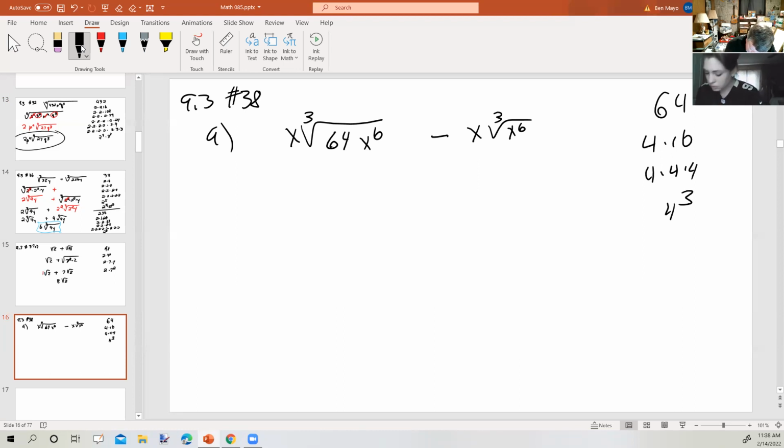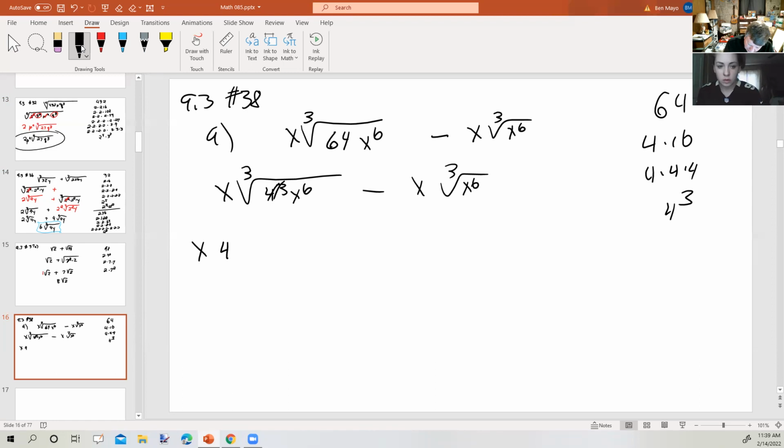So I could rewrite this as x cube root of 4 cubed x to the 6th minus x cube root of x to the 6th. Simplifying the first radical, I have an x already. The cube root of 4 cubed is a 4 outside. The cube root of x to the 6th would be x squared outside.